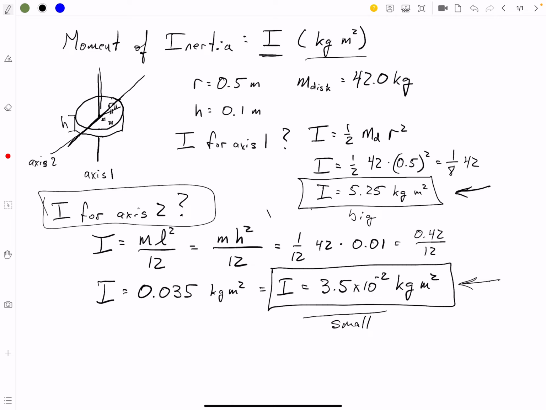But through this axis, they're all fairly far away, right? Even the ones that are close to this axis, those are still far away from axis number 1, okay? So the further away it is, the larger its moment of inertia, okay?